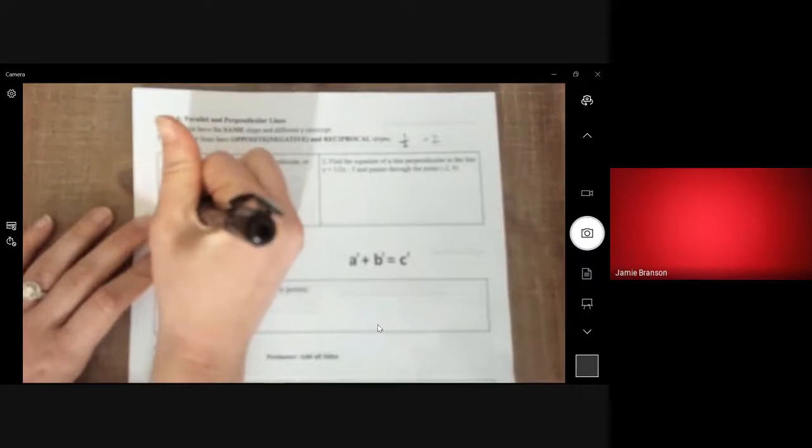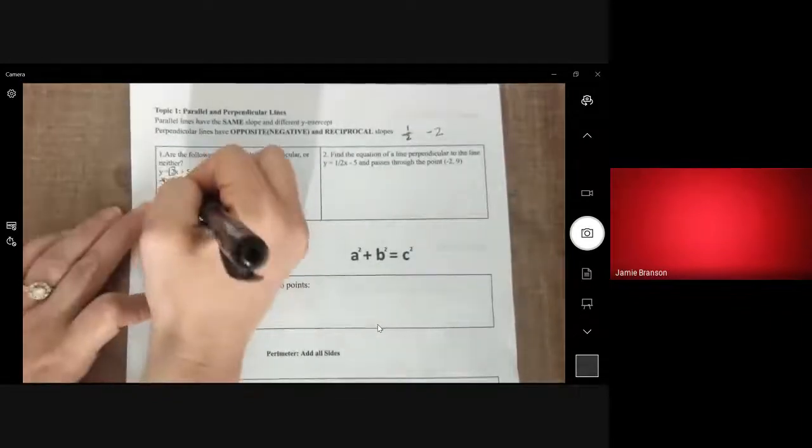So move the x's over. Do the opposite: we'll add 4x to cancel that out. So we get 2y equals -4x plus 16. And then to solve for y, we'll divide by 2.